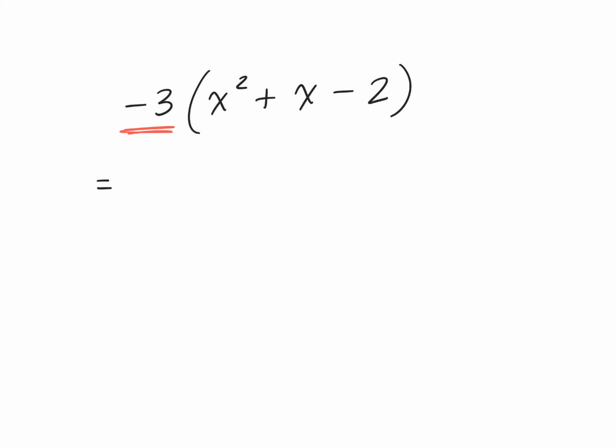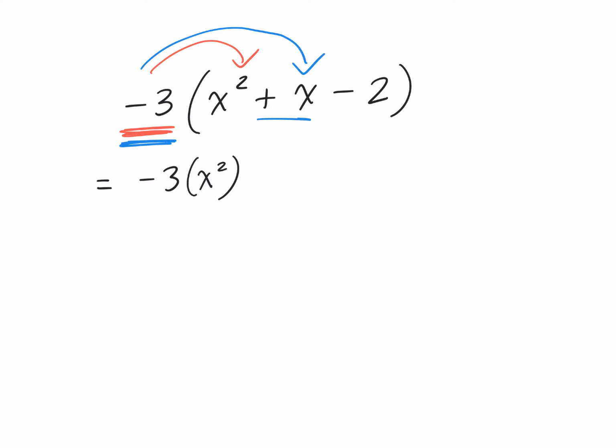First step, multiply the negative 3 times what? Times x squared. The next step, multiply the negative 3 times, good, x. And then the final step, multiply the negative 3 times what? What's the last step? Negative 2, thank you.